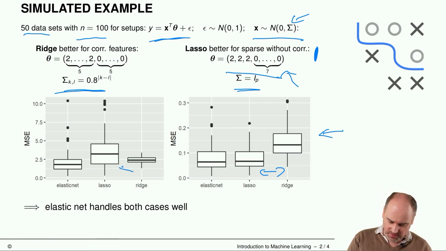In this case, with the correlation, and where the underlying structure is a little bit less sparse, I guess it's more the correlation than having two more features in there in the DGP, ridge actually works a little bit better.